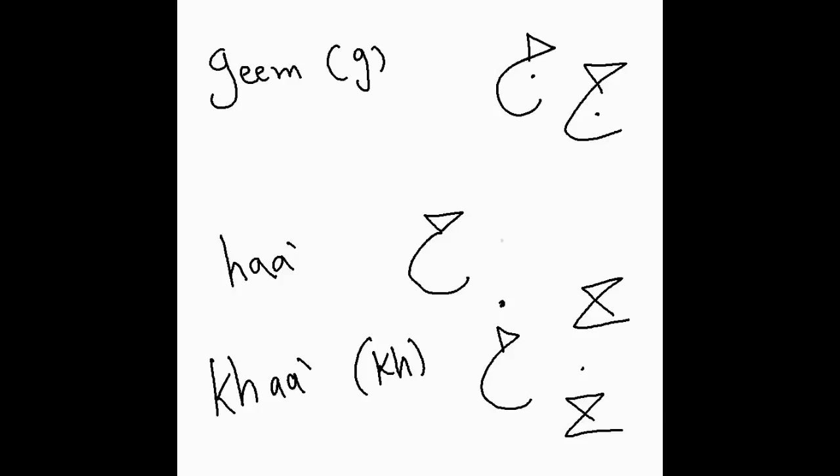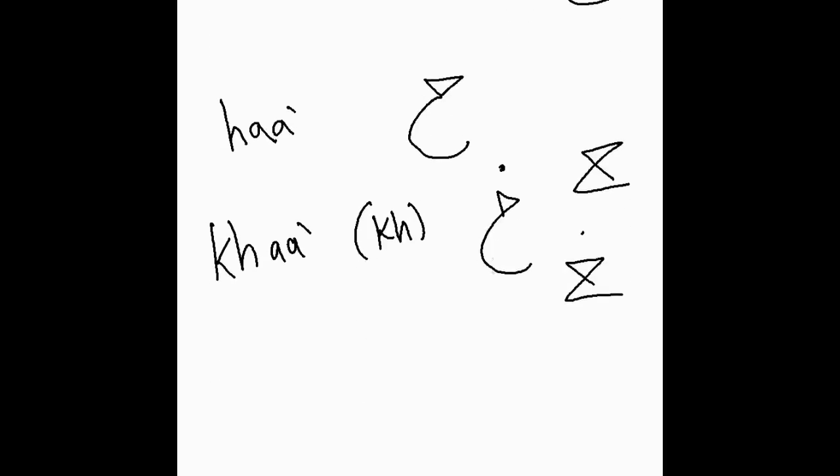So these are the other 3 letters in the first 7 letters of the alphabet: Alif, Ba, Ta, Tha, Jim, Ha, and Kha. Now, again, let's start them again.